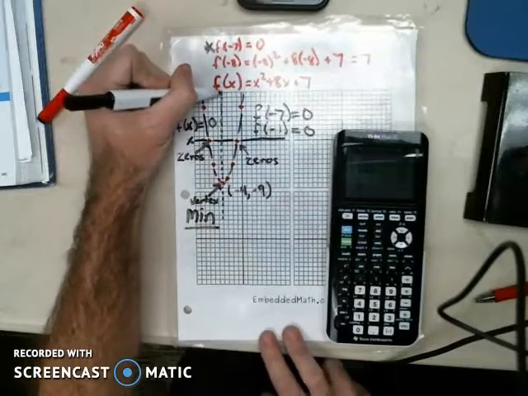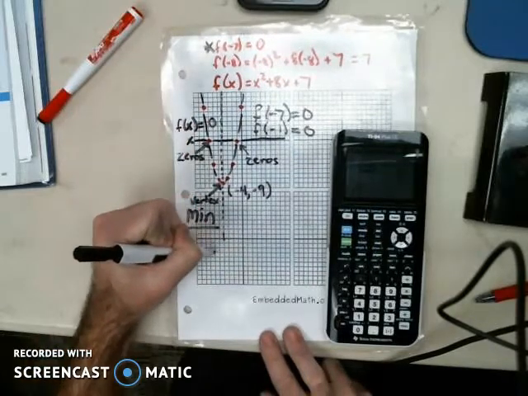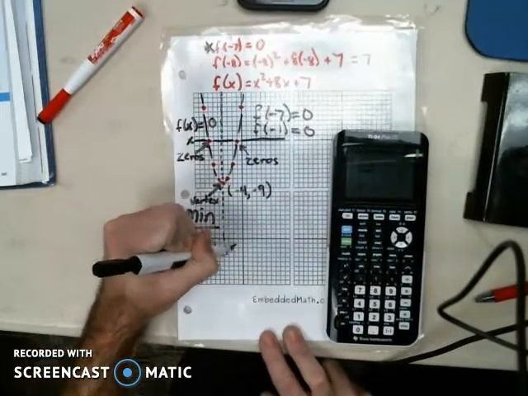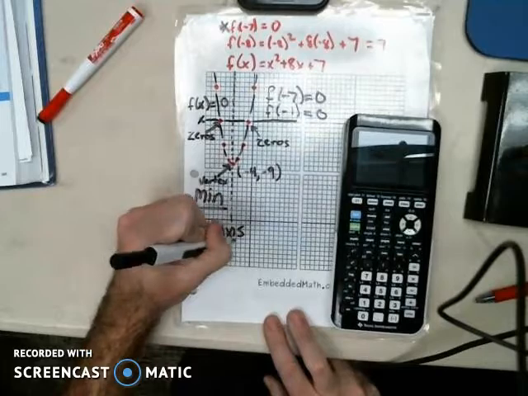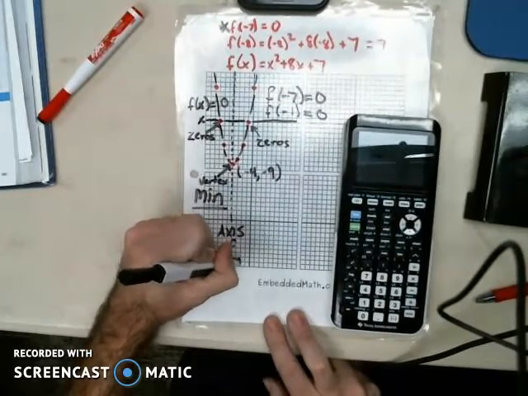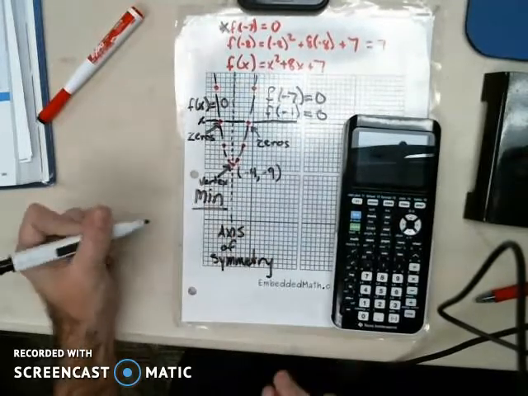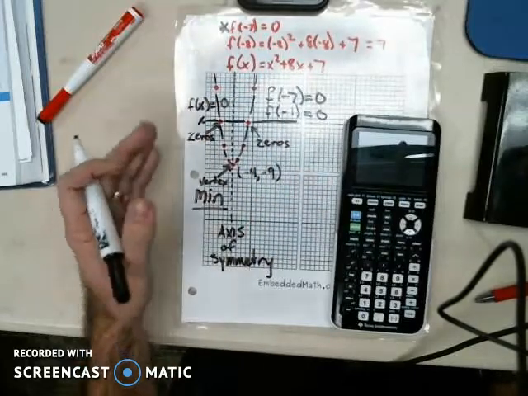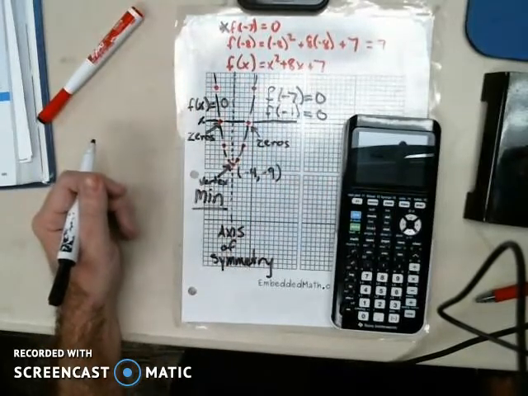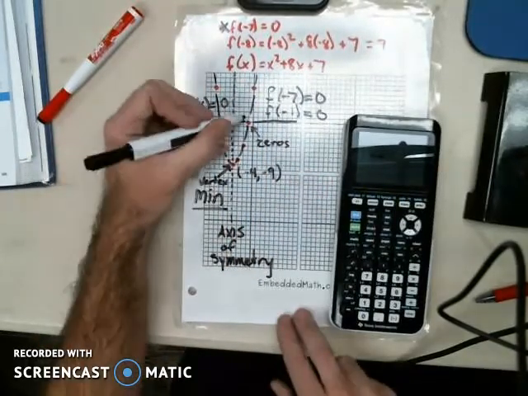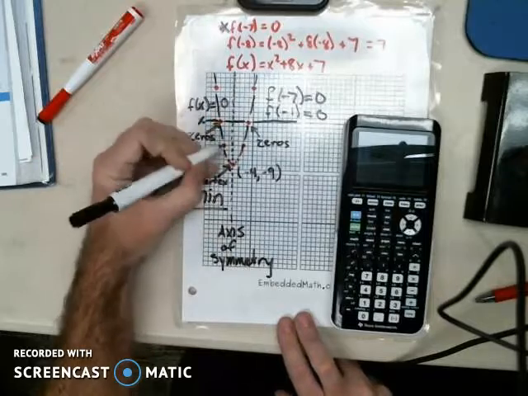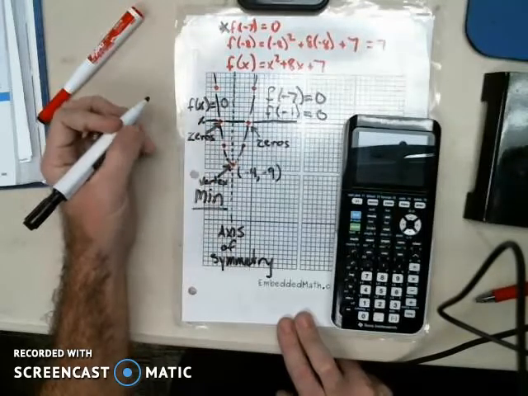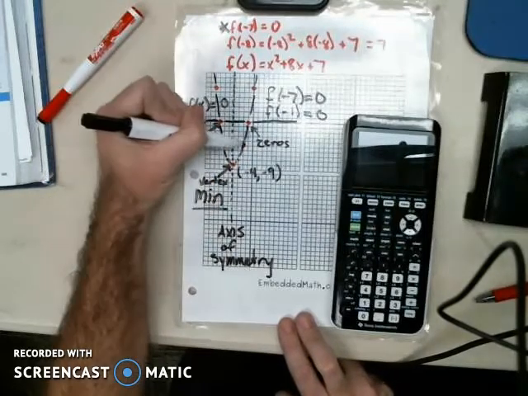The last thing is this dotted line right here. This dotted line is called the axis of symmetry. The axis of symmetry is very important. It allows you, if you only had written half of this picture, to write the other half very easily. If you had a point over here on this side, you're going to find a buddy exactly symmetrical with it on that side.